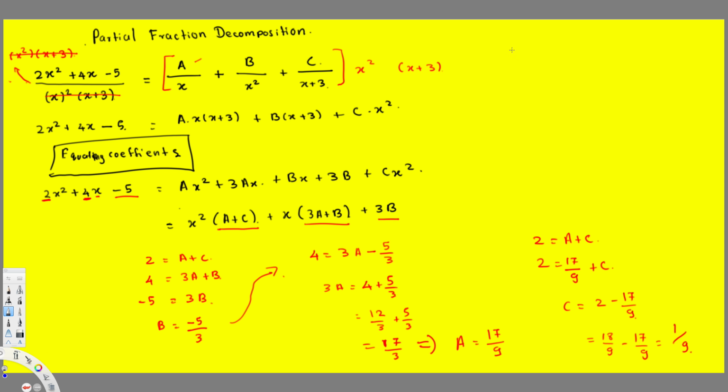So let's put a box around every value. A is this one, b we found out is this value, and c is equal to 1 over 9. So we have all the values. Let's plug into this equation.